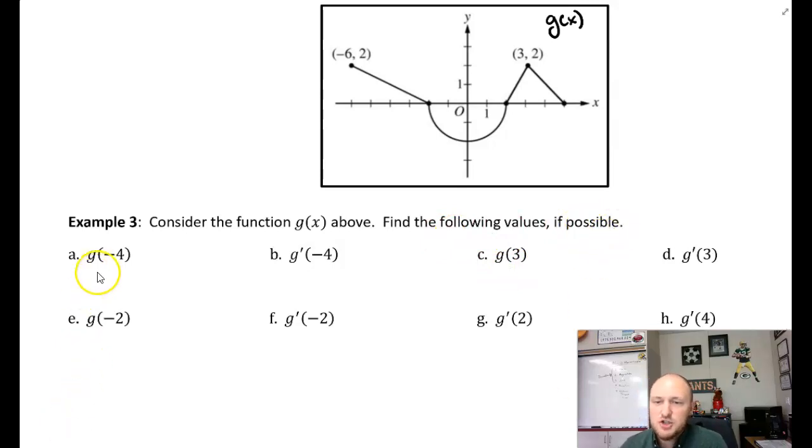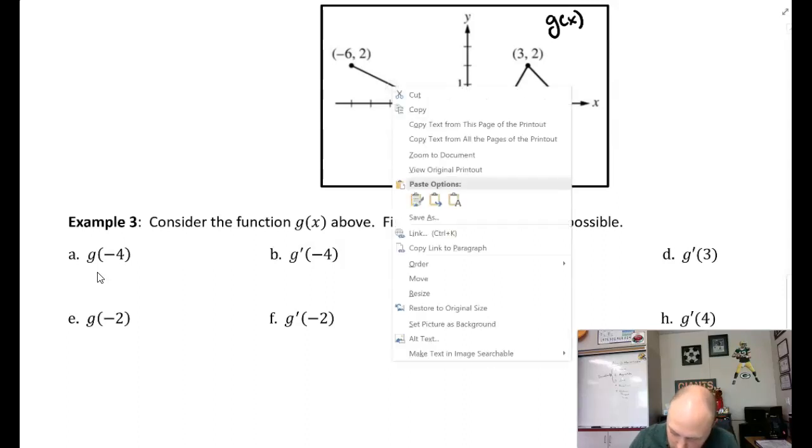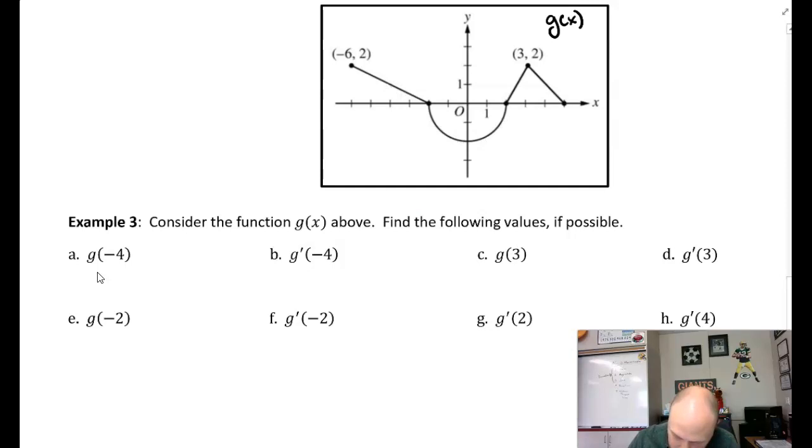Okay, what is g of -4? Okay, they just want the function value at -4. So 1, 2, 3, 4. That is right here. And that looks like 1. What is g prime of -4?